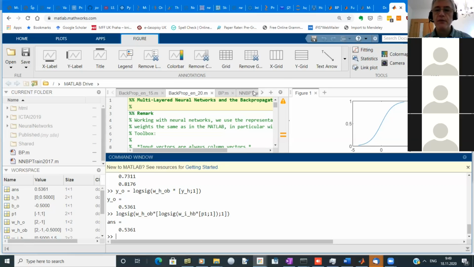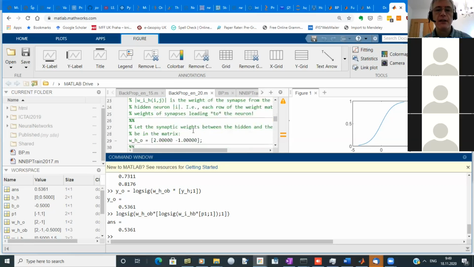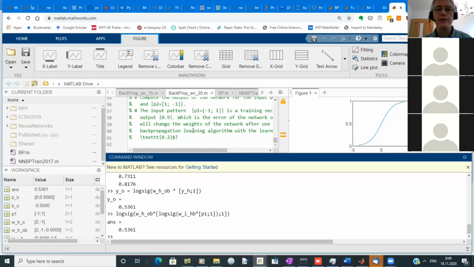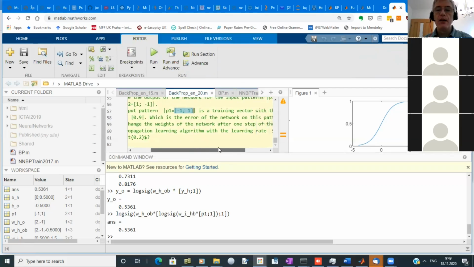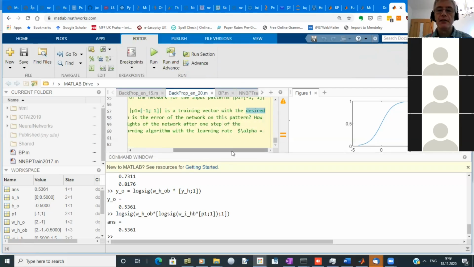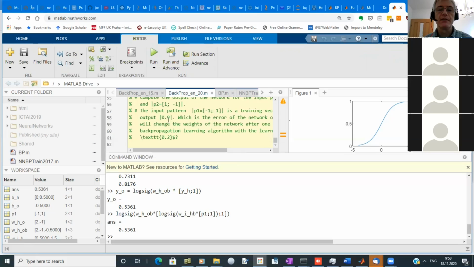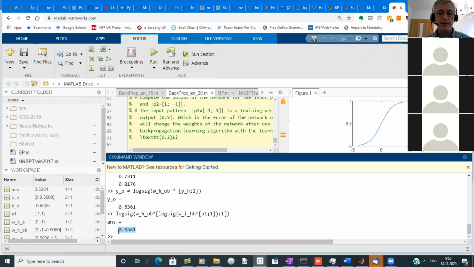If you look further in the text, in task 2 here, you should apply the backpropagation learning algorithm for the first pattern P1, when the desired output is 0.9 and the actual output is 0.5361.